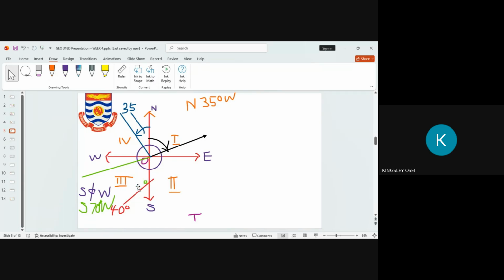I always tell students that the best way to handle the quadrantal bearing is to sketch it if you can sketch it. A picture is more powerful than the formula.